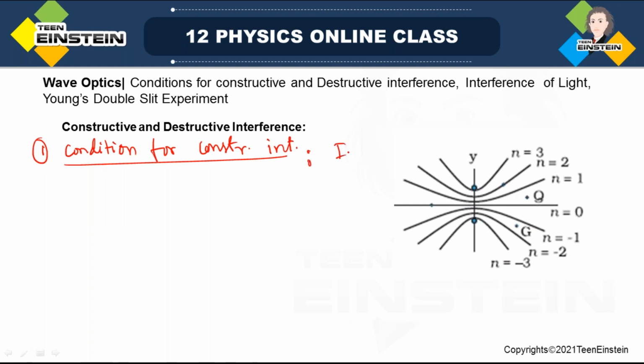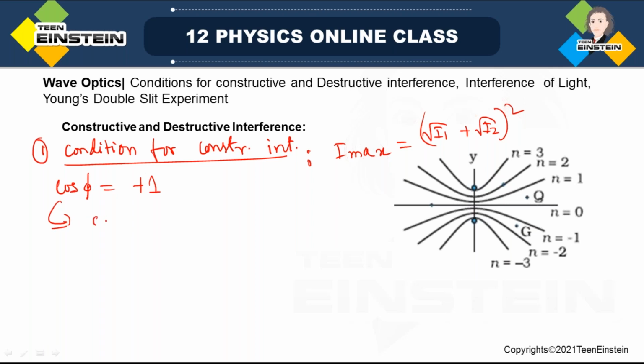So we have got that intensity has to be maximum, and that is given by this expression. You have to remember this, because in many competitive exams you will get numerical problems where you have to use this expression. So for that you have to have plus 1.